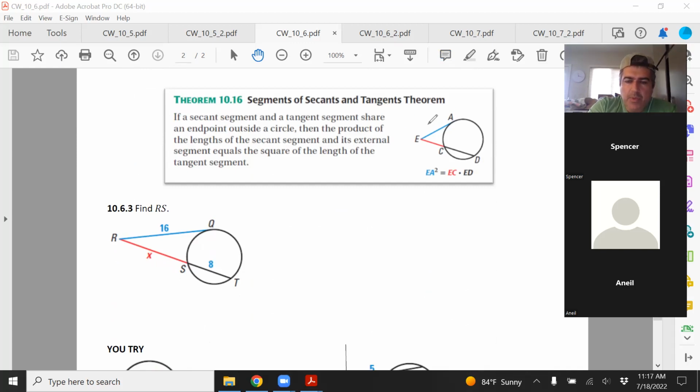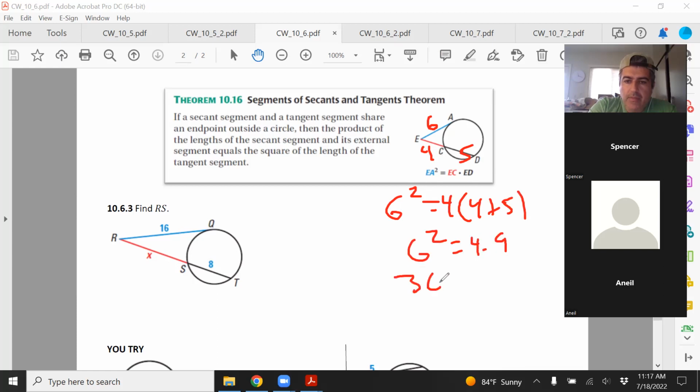So for example, if this were, say, 6, and 4 and 5, then 6 squared would equal 4 times 4 plus 5. So 36 equals 36, and we're A-okay.